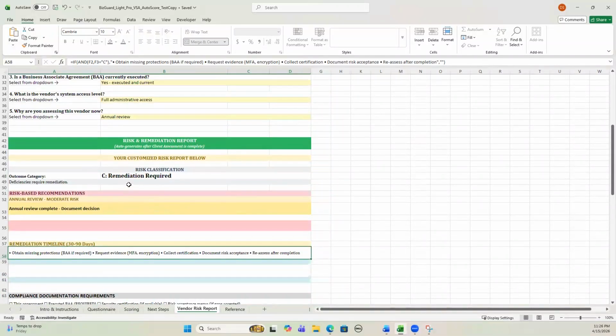And it's automated results based on the provided information. So the recommendation is: annual review complete, deficiencies require remediation, address within 30 to 90 days, then reassess. That is my decision. It is documented, and I could defend it to anyone who asks: auditors, clients, or leadership. Okay?